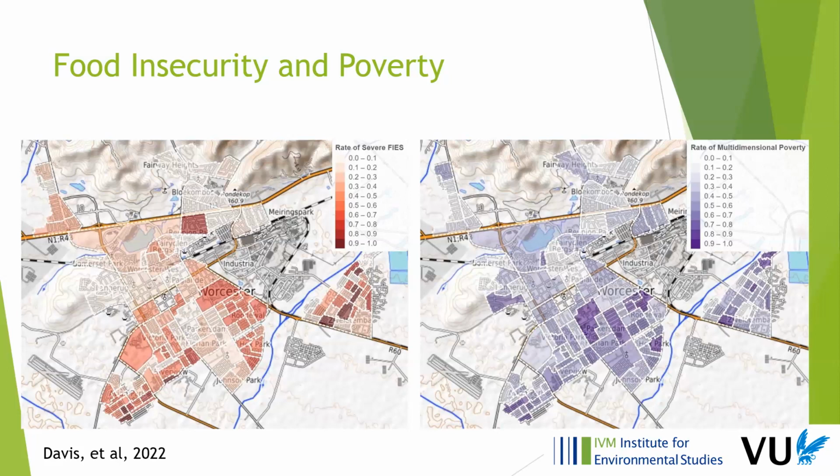On the left is the neighborhood level, and more specifically, neighborhood blocks of food insecurity and how that varies within a city. On the right, very similar, we're looking at the dimensions of poverty, with 0 being less poverty and 1 being the most impoverished. So we can overlap these particular maps to see where our most vulnerable populations are when it comes to poverty and food insecurity.